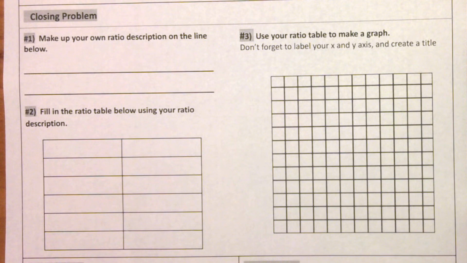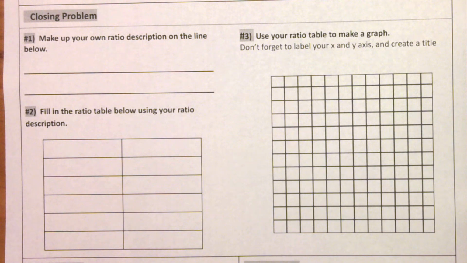Our closing problem says, make up your own ratio description on the line below. If you need help, I would go and look at some problems that you've done today. A lot of times, ratio descriptions use the keywords for every. For every 6 dogs, there are 3 cats. Something like that. You're going to come up with your own.